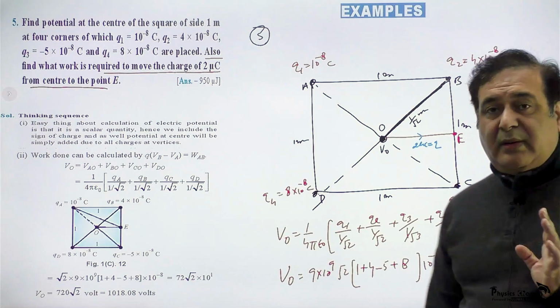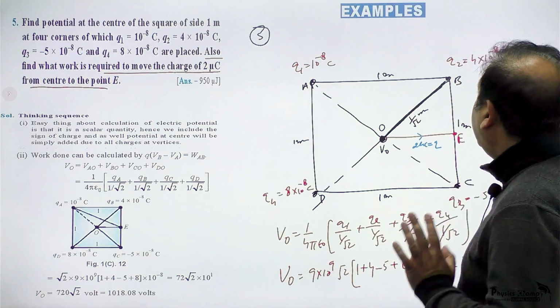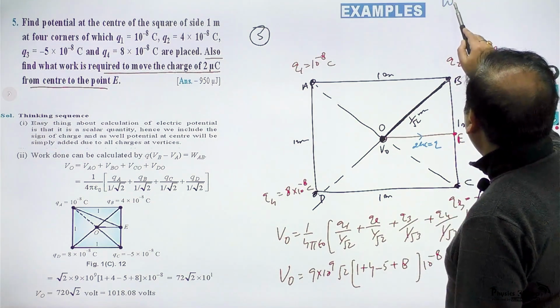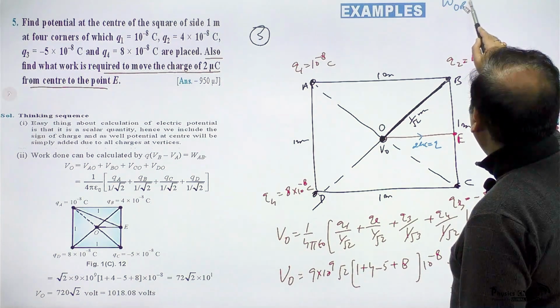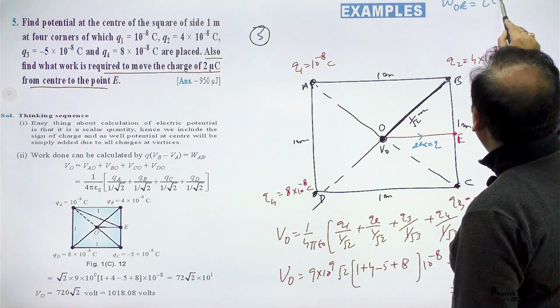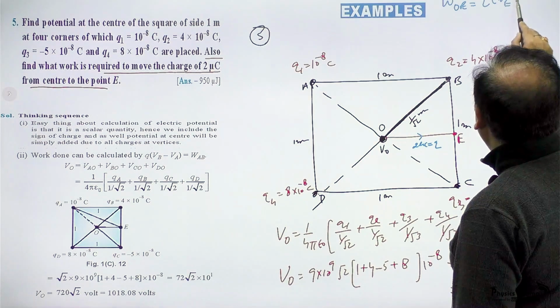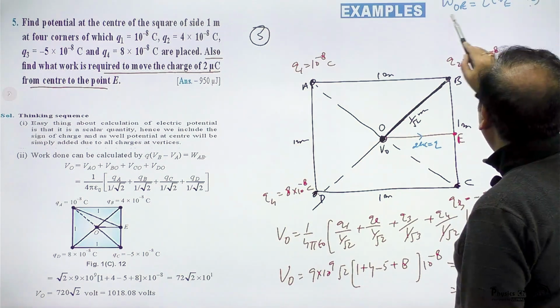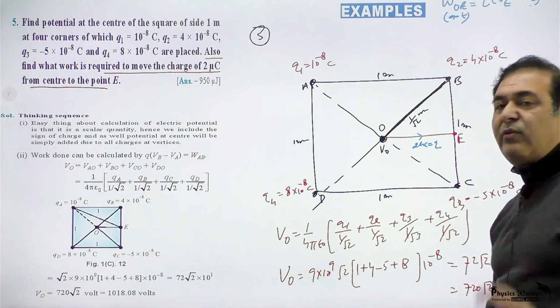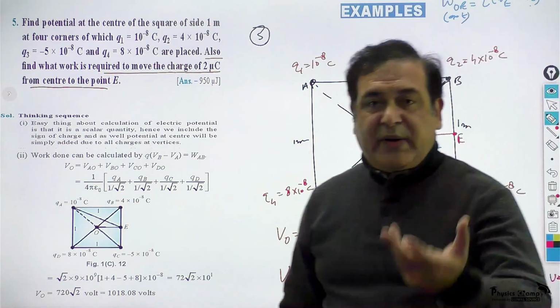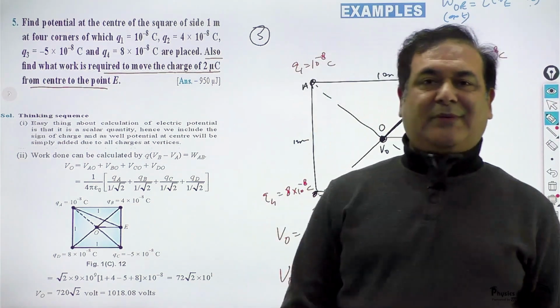Now obviously, I know one relation. Work done to move from O to E will be Q into VE minus VO. And this is the work done by external force, or work required to be done by external force.